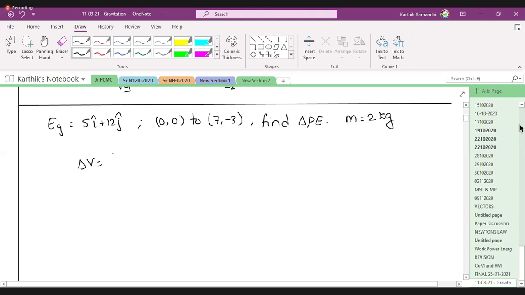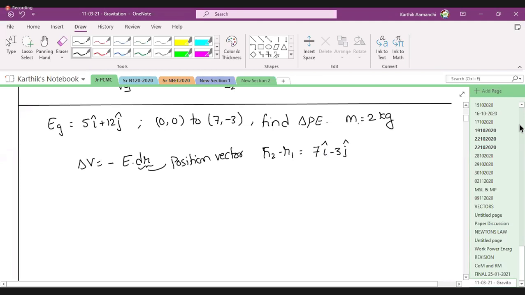Integration minus E dot dr. I'm not asking V, I'm asking delta V. If I were asking V, that would be minus integral E dot dr. This dr is nothing but your position vector, which is R2 minus R1, that is 7 minus 0, which is 7 I cap minus 3 J cap.